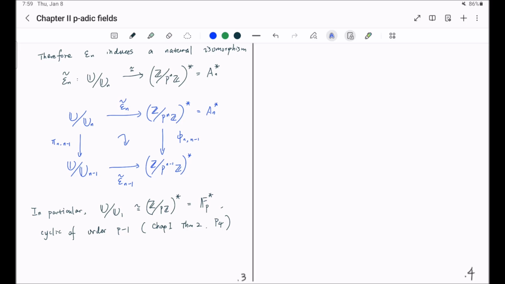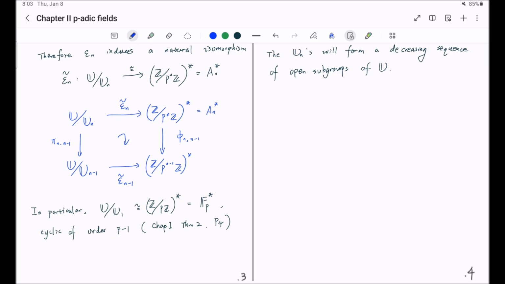Another observation for those U_n's is that they will form a decreasing sequence of open subgroups of U. They are clearly decreasing just by the definition of U_n.